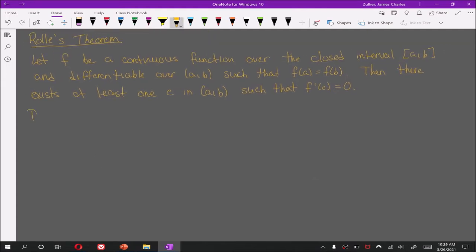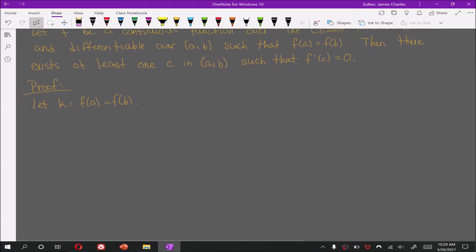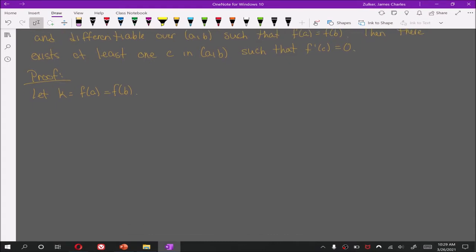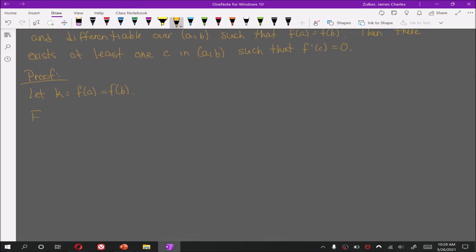So now we prove this. What we're going to do is let k be that value that f of a and f of b both equal. And there are three cases that we have to consider. First, suppose that f of x is constant over the entire interval.